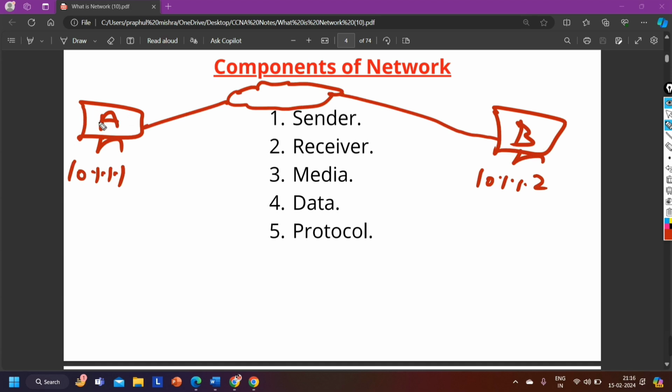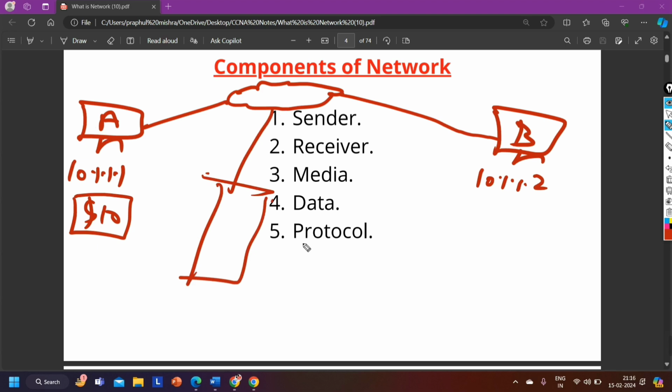See, person A, PCA is going to send, let's say, $10 to PCB. So this is actual data, correct? Correct, guys? And in between person A and B, there will be one bank server also.